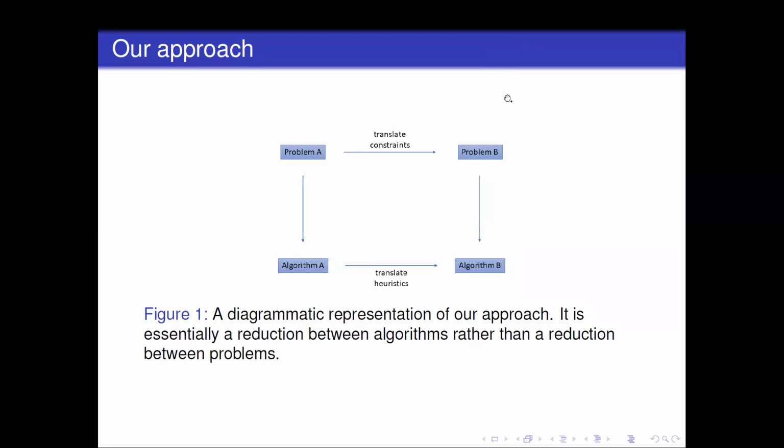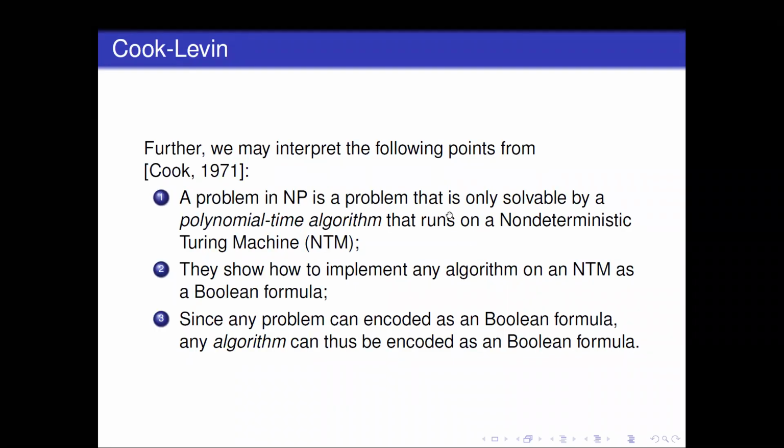Now, so let's look at Cook-Levin. Cook-Levin said that our problem in NP is a problem that is only solvable by a polynomial time algorithm that runs on a non-deterministic Turing machine. They show how you can implement any algorithm on a non-deterministic Turing machine as a Boolean formula.